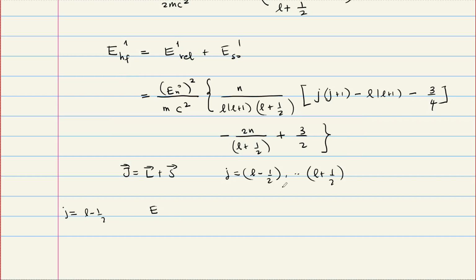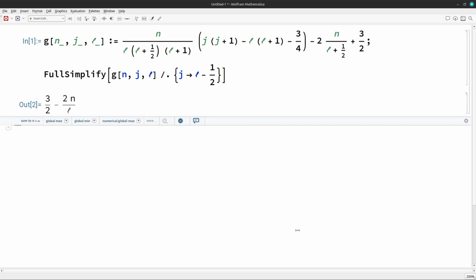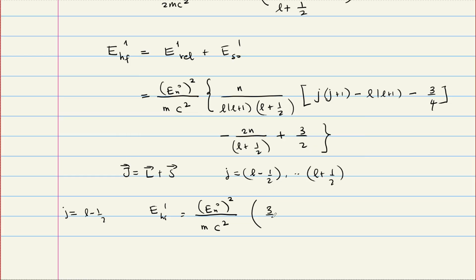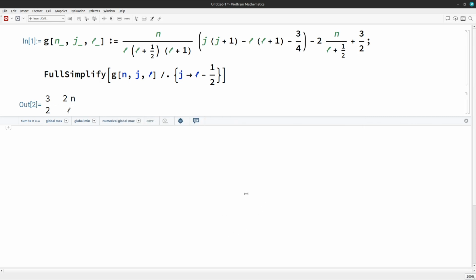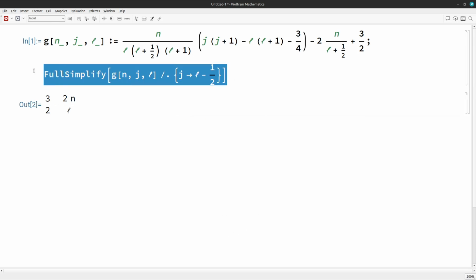This E hyperfine 1 is equal to this factor times 3/2 minus 2n over l, but l is not a good number. I need to write everything in terms of j. So this is l, but I will write it as j plus 1/2. And the other possibility is exactly the same thing.